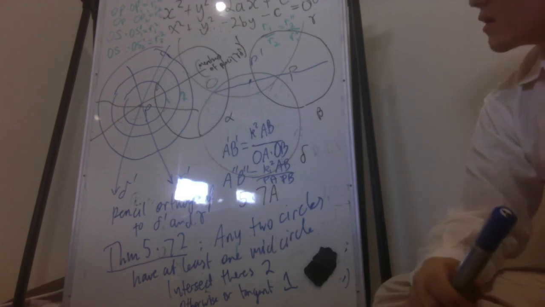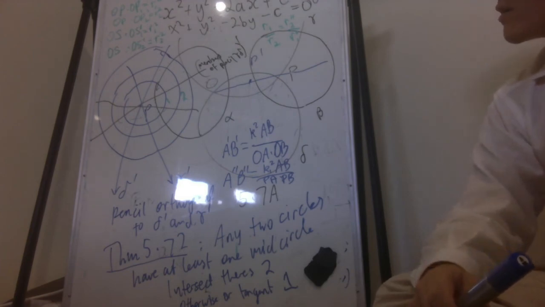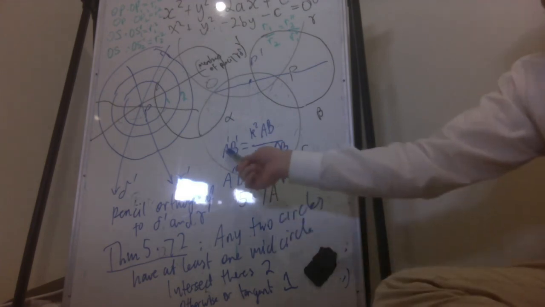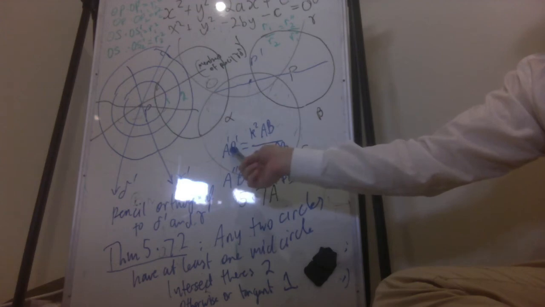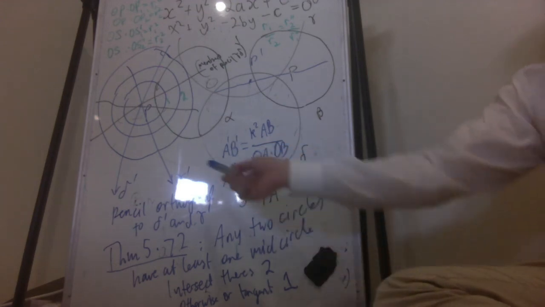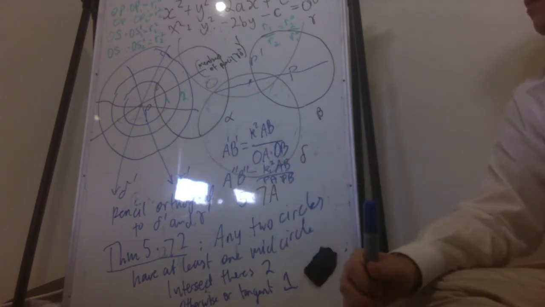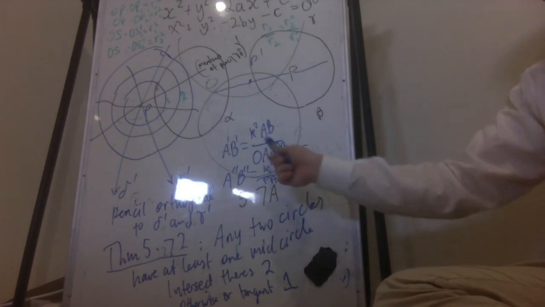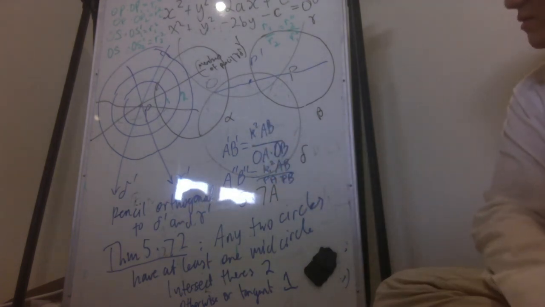Because if you had one radius, and then you had another radius, these two will always cancel.